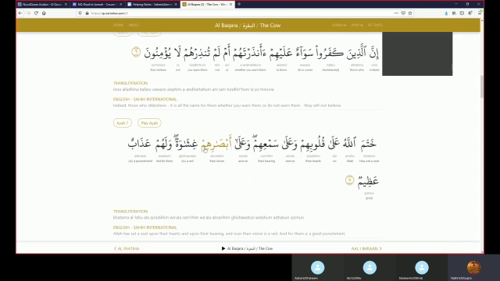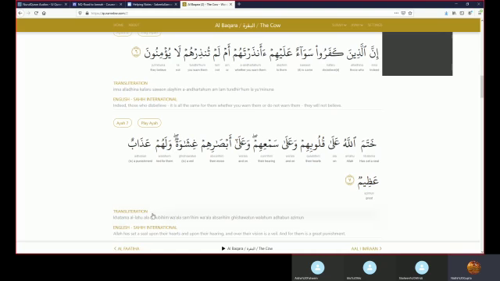So on their vision, him again there. So on their vision, ghishawa is a veil, is a curtain, something blocking their vision. Walahum, and for them, wa is separate, la is separate, hum is separate here. So and for them, adhabun is a punishment, azim, azim means great, something very big, huge, great, right?